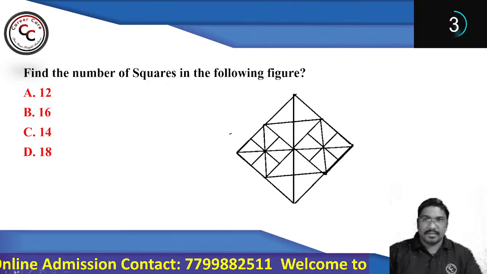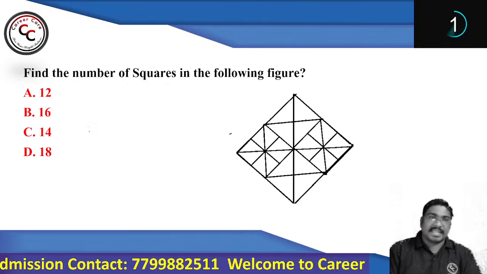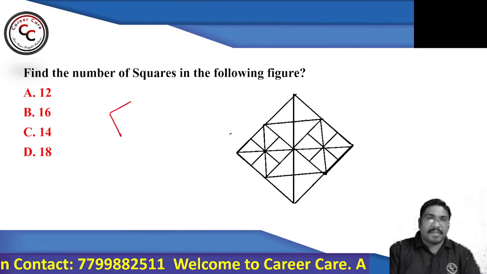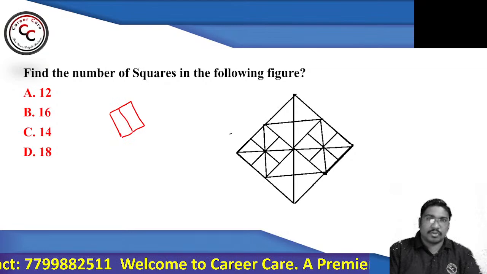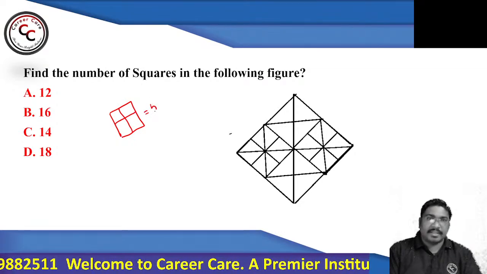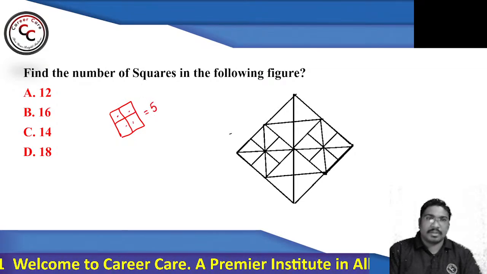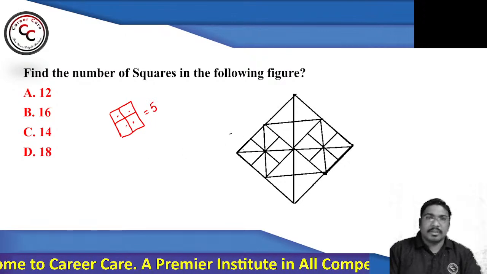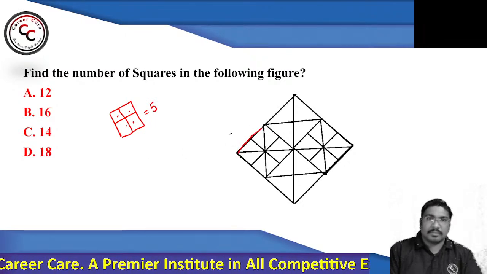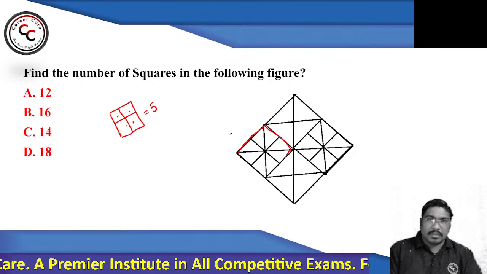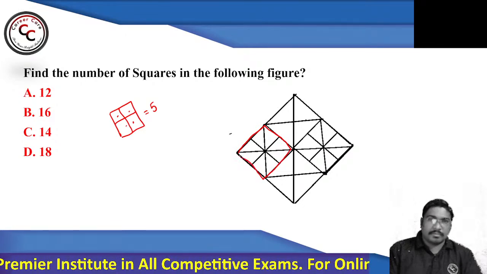Right. Okay. See, whenever you can find this shape, I can say that there are 5 squares. 1, 2, 3, 4, and the bigger one 5. So here you can expect 5.